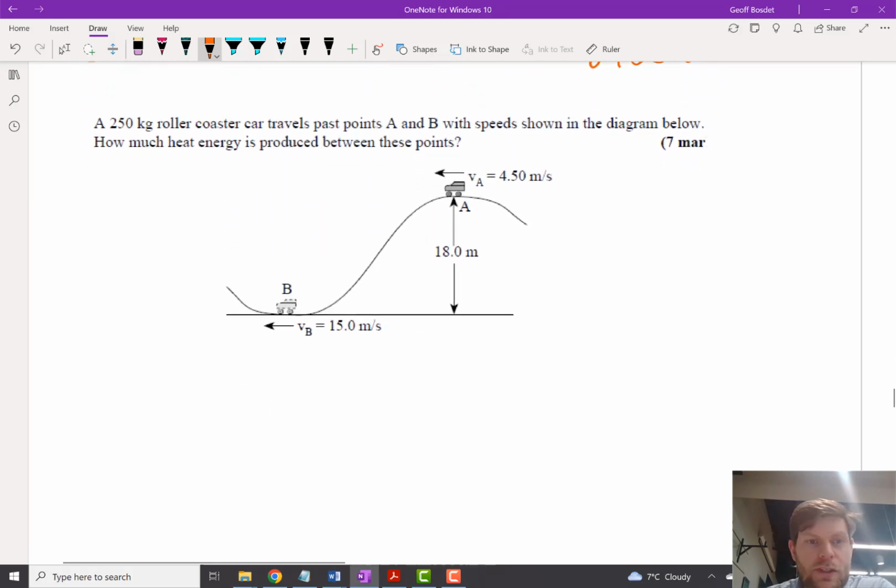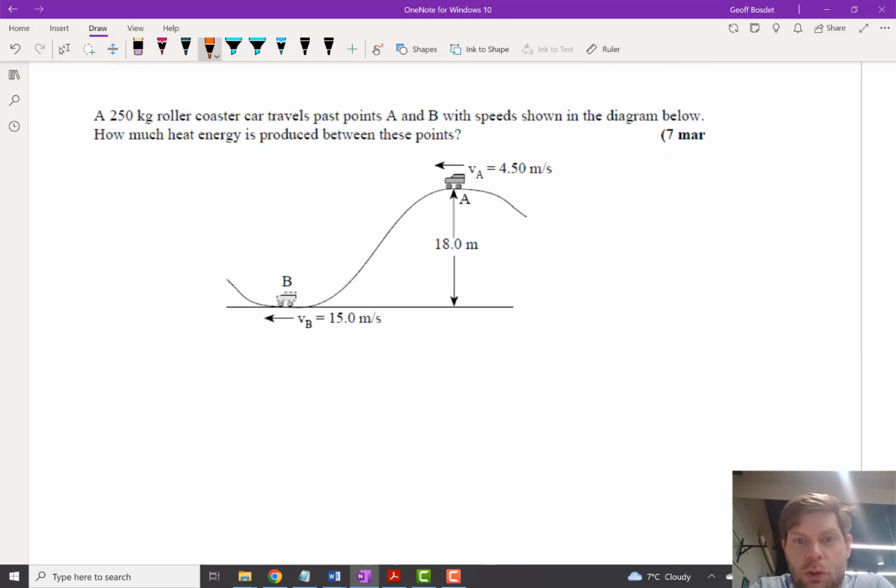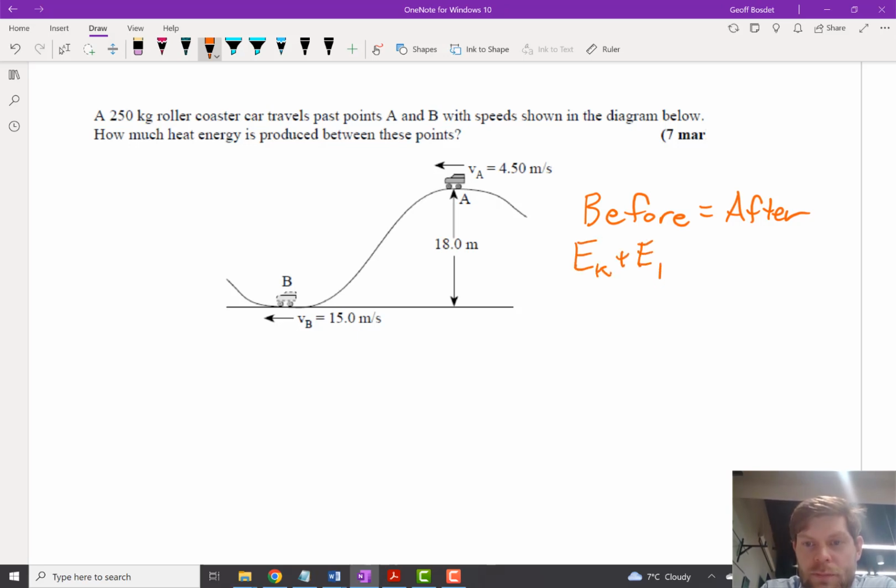Alrighty. Next guy, we got this roller coaster situation. We've got another before equals after, shockingly. And before, it looks like we got EK plus EP because it is up and moving.